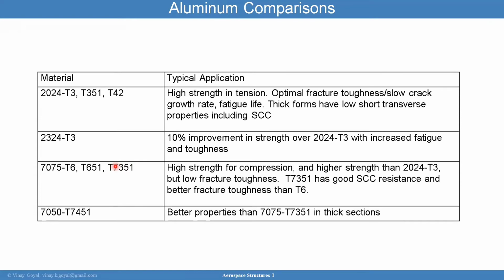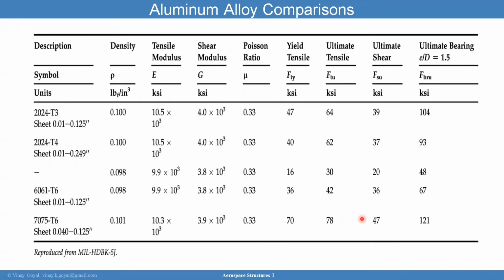And my point here, ladies and gentlemen, is to pay attention because the temper can completely switch around the behavior of the material when it comes to fracture toughness, corrosion resistance, and so forth. And you also have the 7451, which gives you better properties than 7351 as an example.